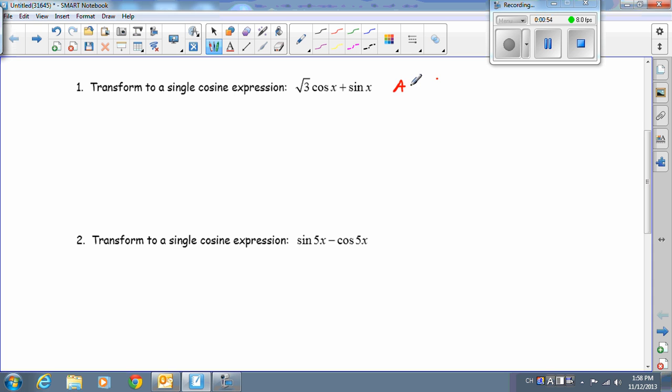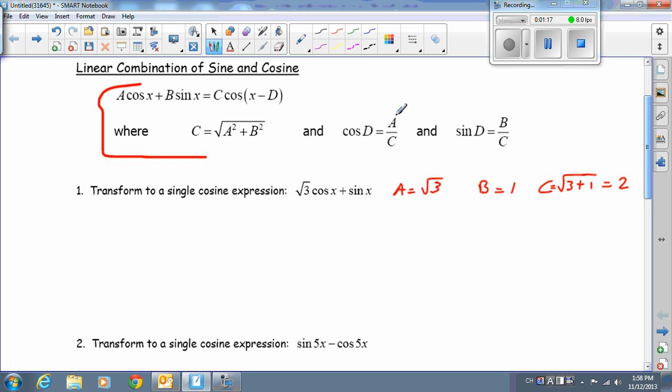So a is equal to the square root of 3, b is equal to 1, and c is equal to the square root of 3 plus 1, which is equal to 2. Now, note that this expression is in a specific order, where the cosine comes first and the sine is next, with a plus in between. If the cosine comes first and the sine is next, then you can use this formula. If not, rearrange it to the point that it looks exactly like this.